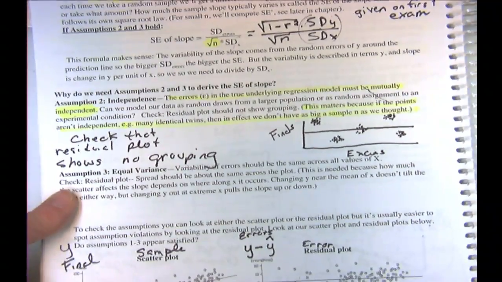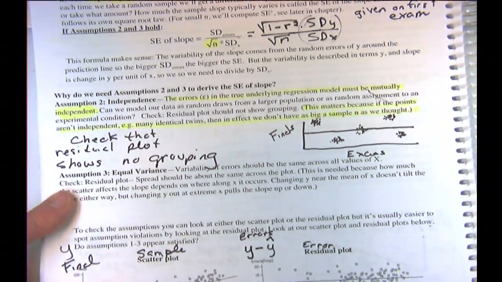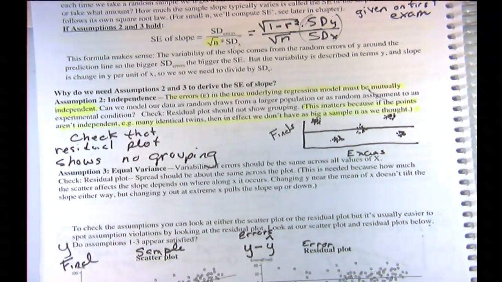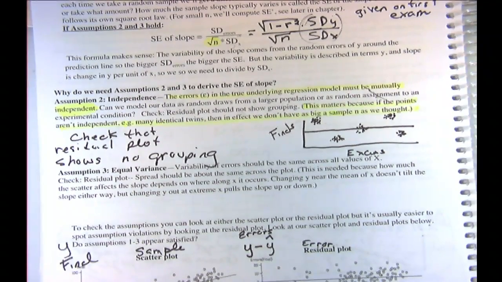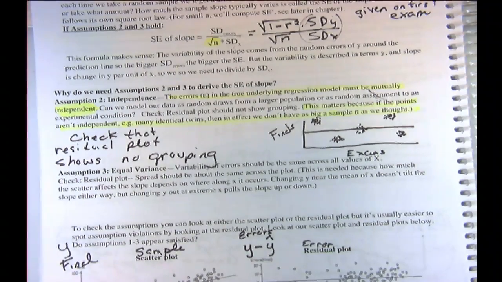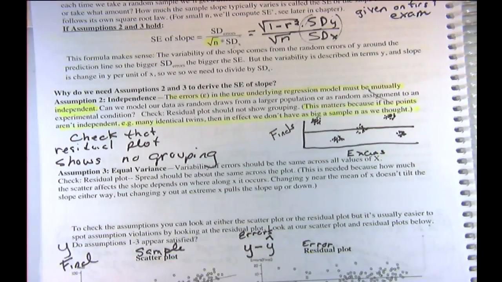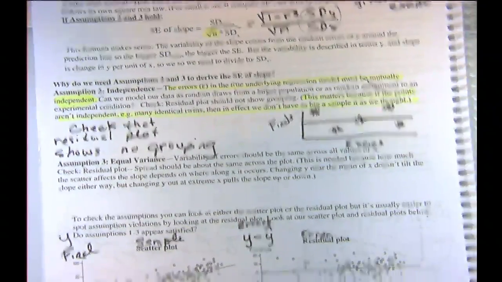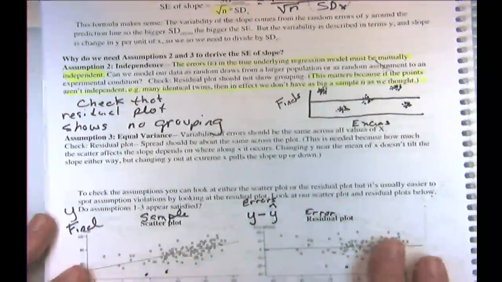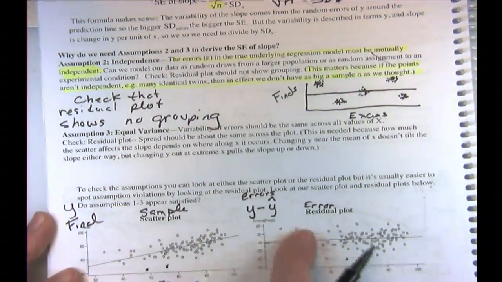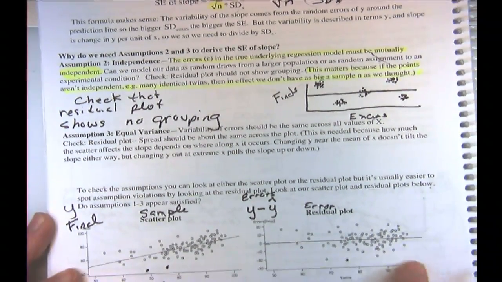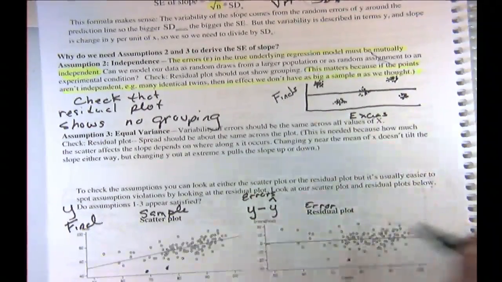As opposed to heteroscedasticity, like homosexual is same-sex relationships, and heterosexual is different sex. So we want homoscedasticity. We want same variability. So let's first check the residual plot. What I mean is the variability across the different values of the x's. We want to have the same spread.